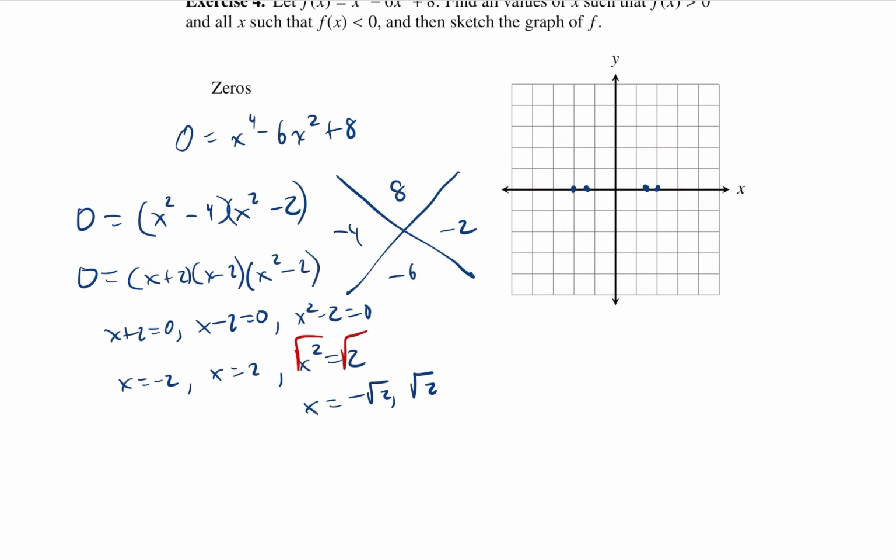So we're going to test a few points here. I'm going to choose -3 for the left. Between these 2 points, I will choose -1.5. 0 would work for the middle one, and then +1.5, and finally +3. So there's quite a few points to test here.